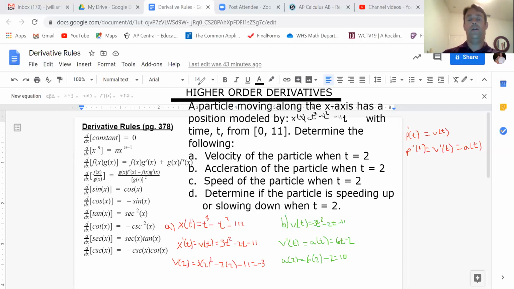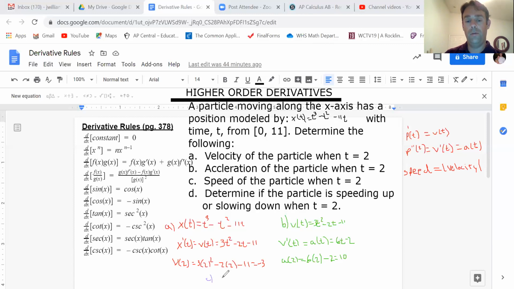All right. So speed is essentially the absolute value of velocity. It's velocity without direction. Doesn't matter if it's negative, doesn't matter if it's positive. Speed is the absolute value of velocity. So if I'm looking at my little problem here, I know what my velocity is.